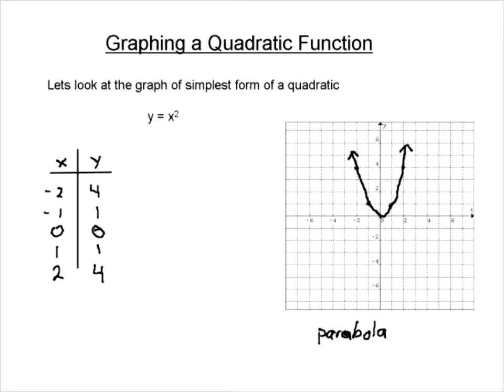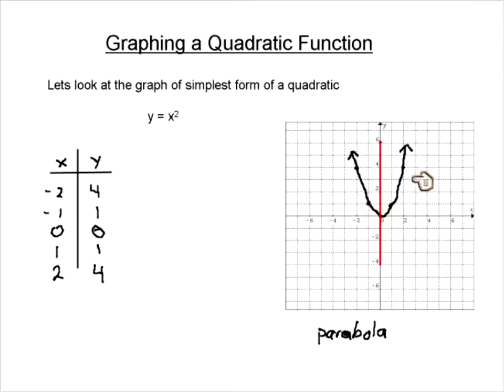Now there's another thing unique about quadratics. If we were to draw a line right down the middle, and it's probably more obvious on your graph than on mine, this line right here, it's like a mirror image. If we look at this line, the same thing appears on both sides of the line. We have this U shape on one side, and on the other side we have the exact same shape.